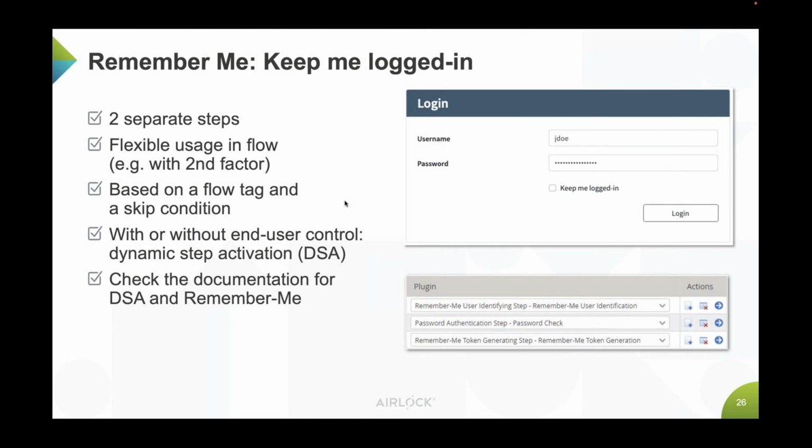It's a very general feature allowing the user to choose to enable steps in a flow, like the keep me logged in checkbox here enables the remember me token generating step in this flow. If interested, have a look at that in the documentation. It allows you to do a lot more than just the remember me feature.